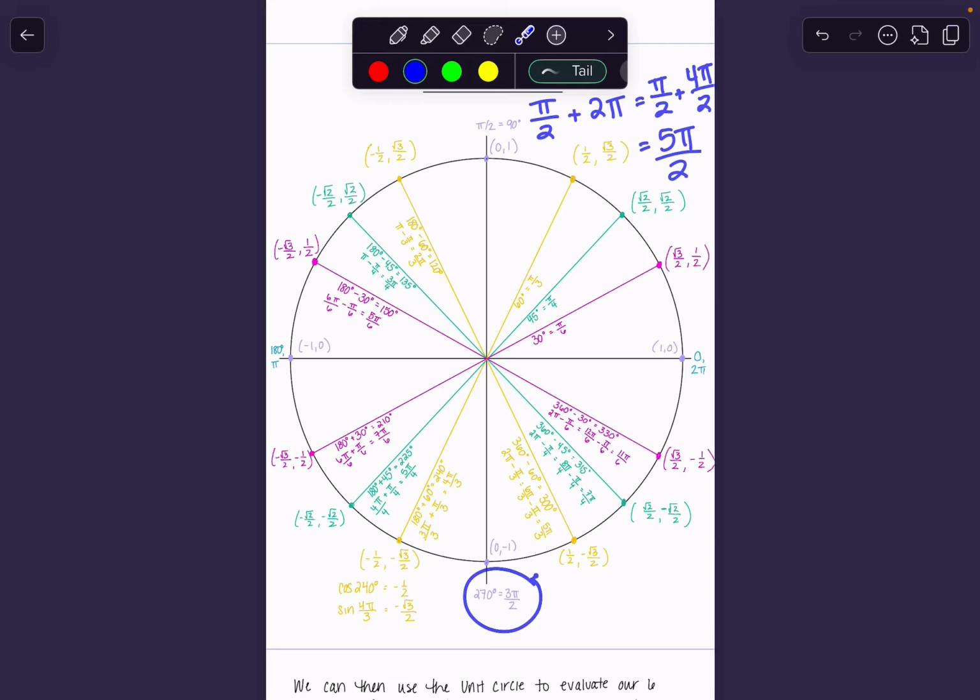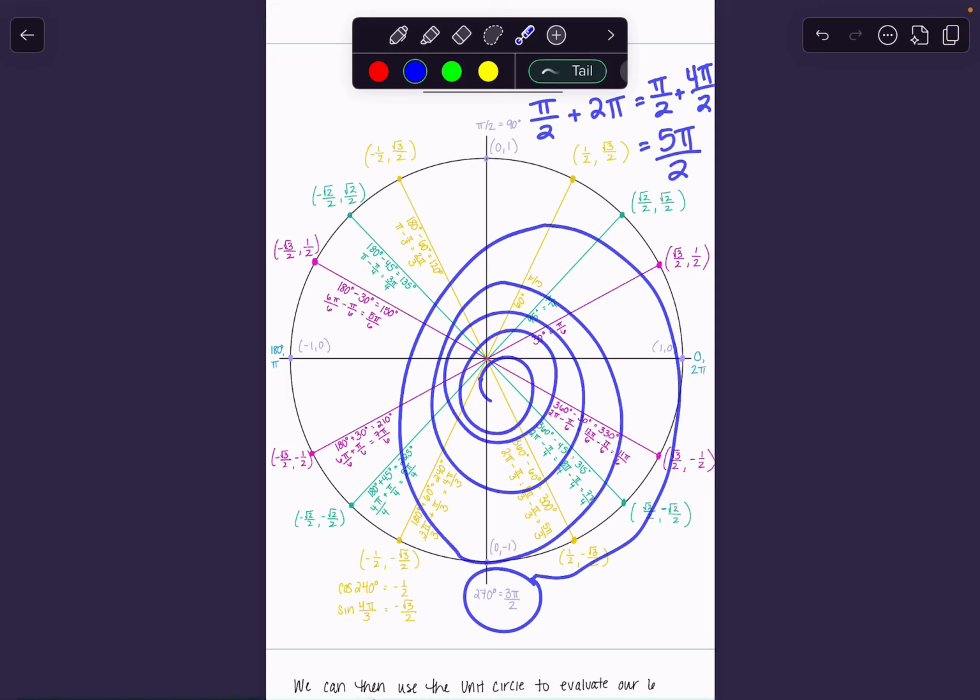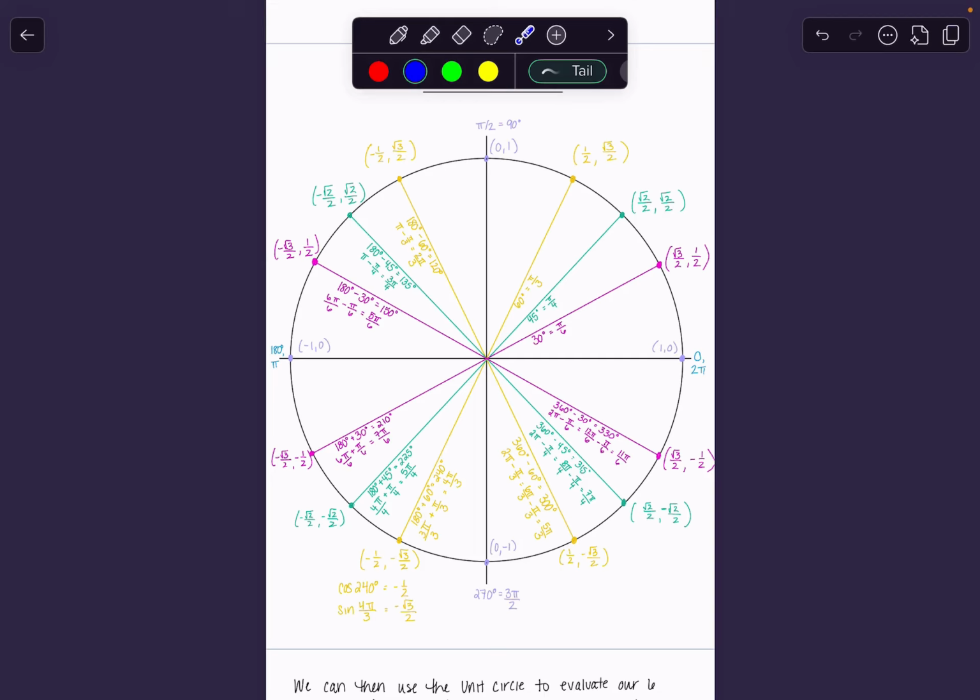If you add 2 pi to this, you would see it's 7 pi over 2. Then the next one would be 9 pi over 2, 11 pi over 2, 13 pi over 2, and you can keep going around and around. You can also go the backwards direction. So really these angles that end up on the y-axis are going to be odd multiples of pi over 2.